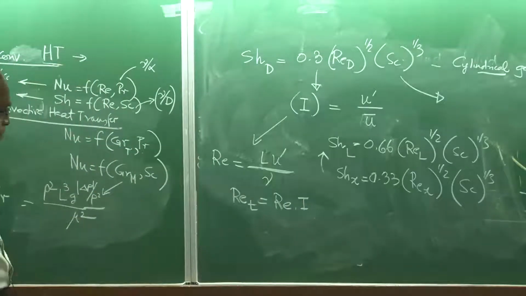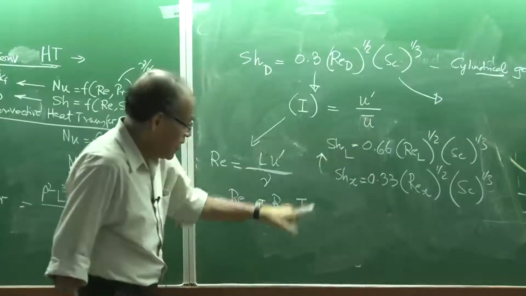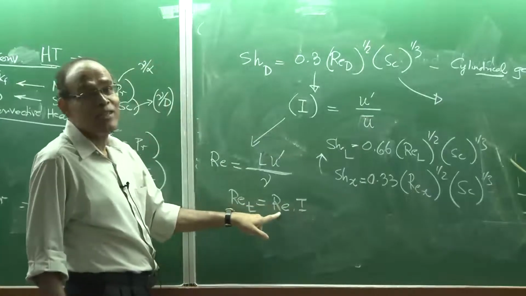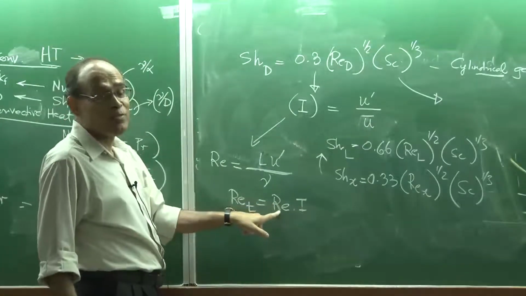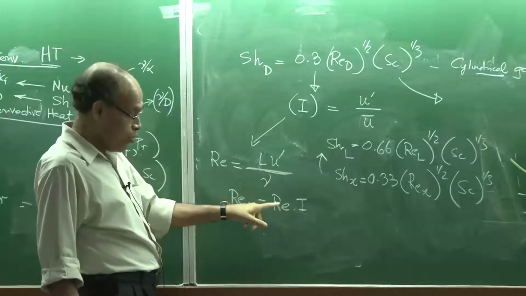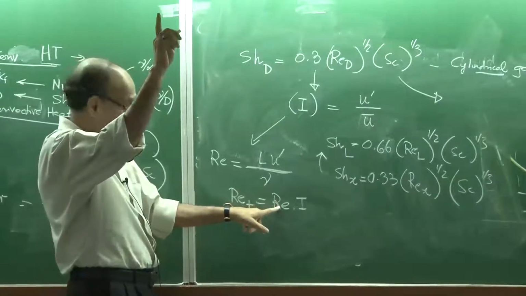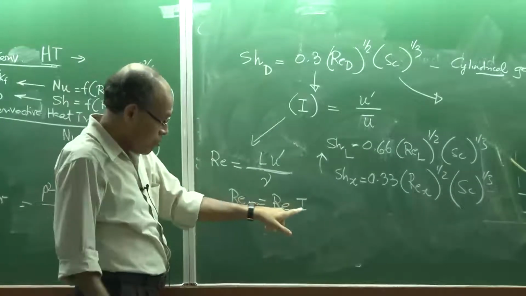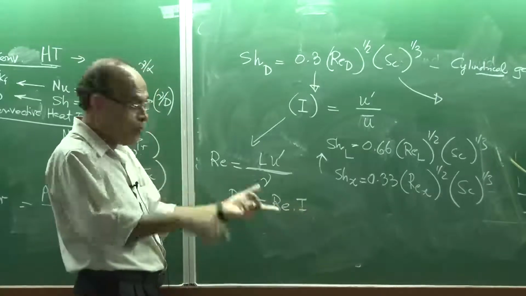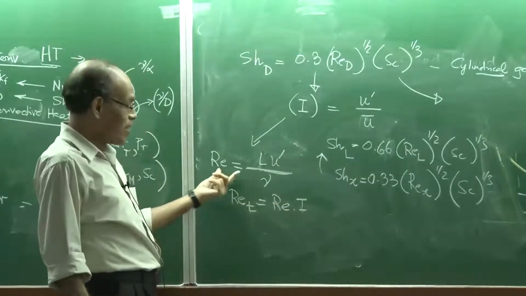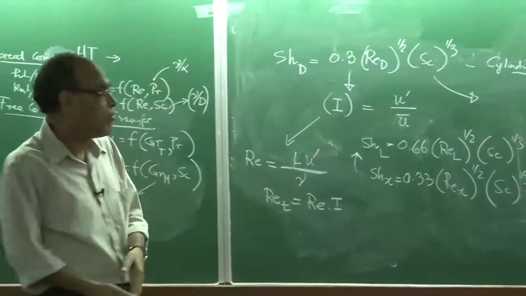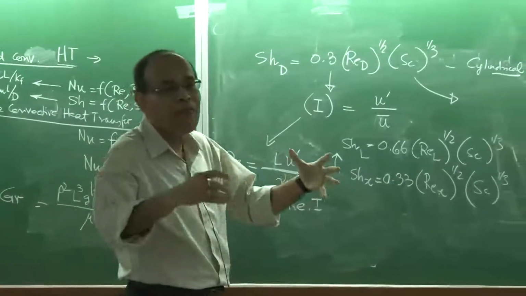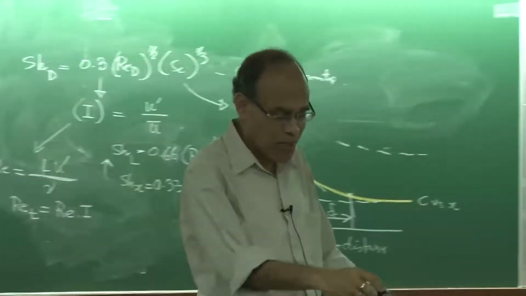Because the u bar in the intensity is going to exactly cancel with the u bar in this expression, since u bar sits in the numerator of the Reynolds number and in the denominator of the intensity, the resultant expression will be exactly the same as this.